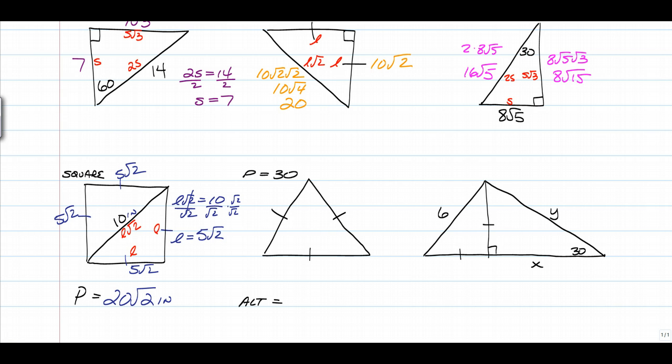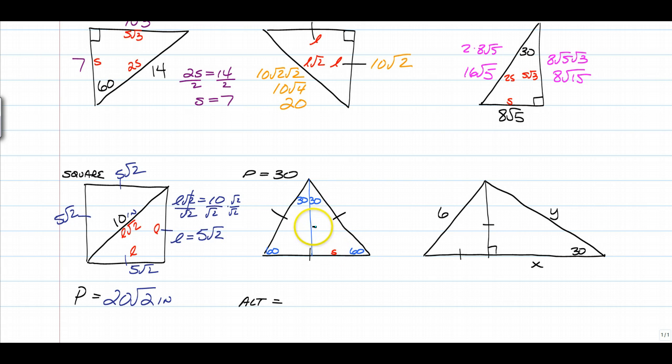So in this equilateral triangle, we're looking for the altitude. So the first thing you're going to want to do is draw in your altitude. So remember, equilateral triangles are all 60-degree angles until you split one, so that becomes a 30 and a 30. So an equilateral triangle is just two 30, 60, 90s joined together.